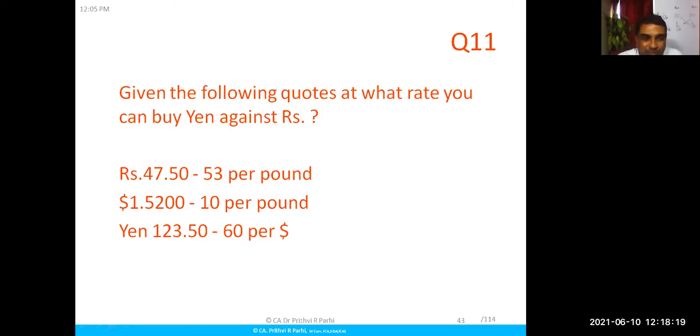Now, can you explain it in numerator denominator form? Suppose I am saying rupees 47.50 to 53 per pound. That means which currency by which currency, and what is the code? Can you tell me? Very simple.